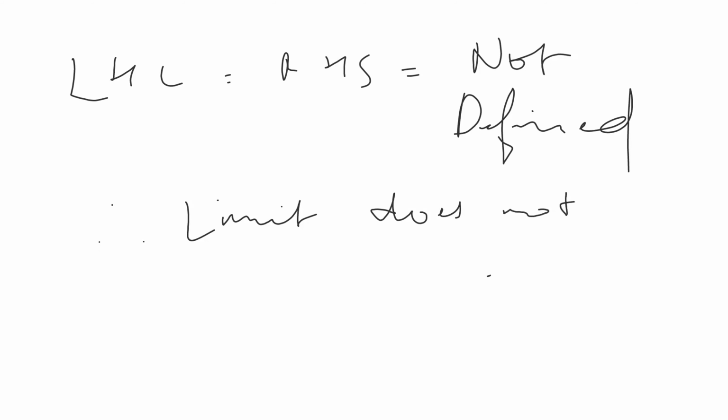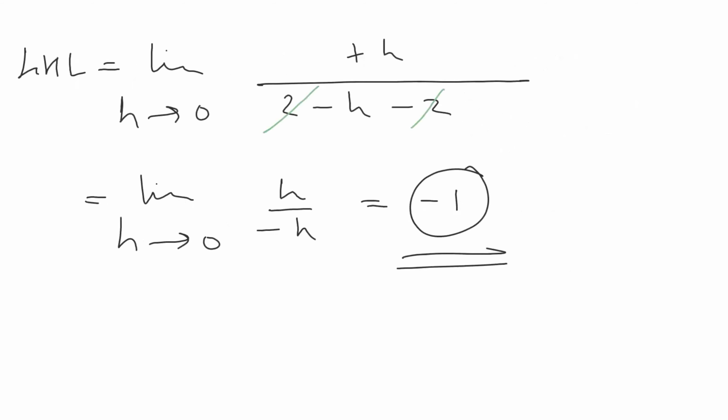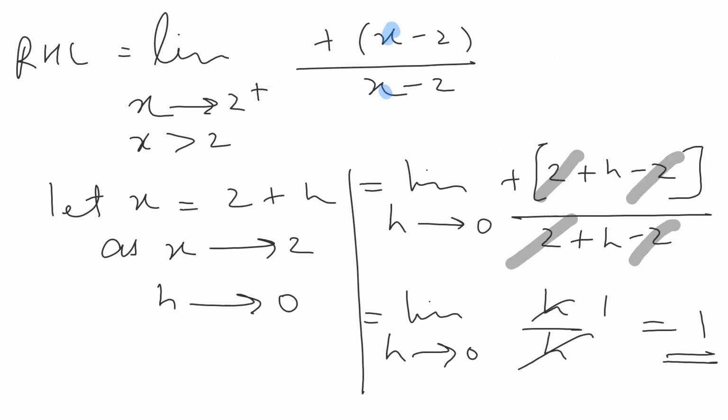It is not like the previous problem. See what happened in the previous problem: we got LHL as minus 1 and we got RHL as 1.